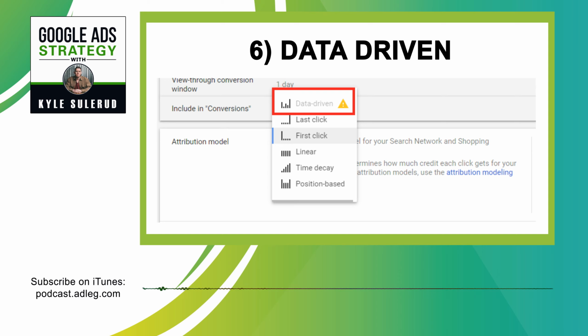You're just trusting that Google's system weighted them appropriately. Not really my idea of a good way to optimize a campaign. I at least want to know how these clicks are being weighted so I can then optimize the campaign accordingly.